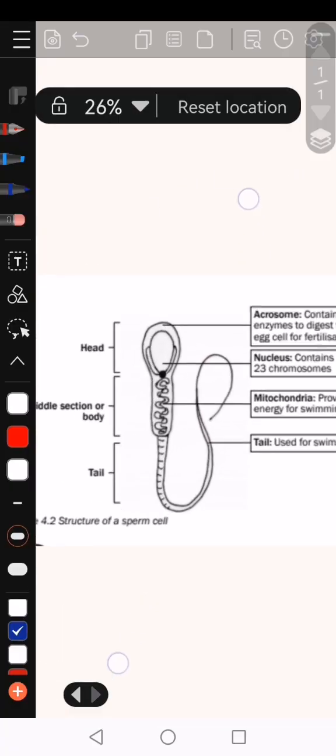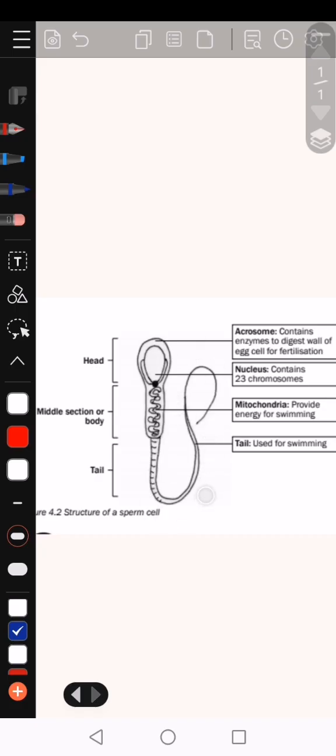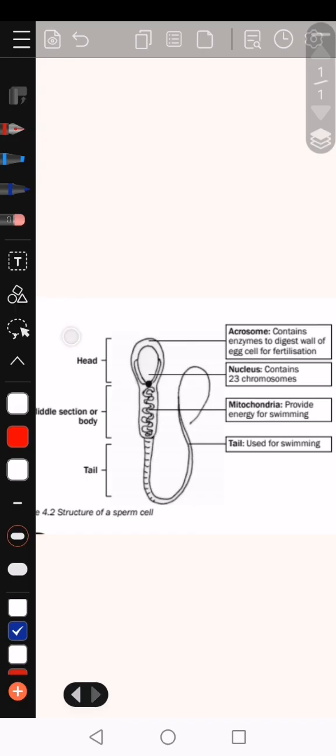I just want to touch on the structure of the sperm cell. So we have the head, we have the middle section, and then we have the tail. This I wanted to touch on just quickly. We have the acrosome. Now, the acrosome contains enzymes to digest the wall of the egg cell for fertilization.